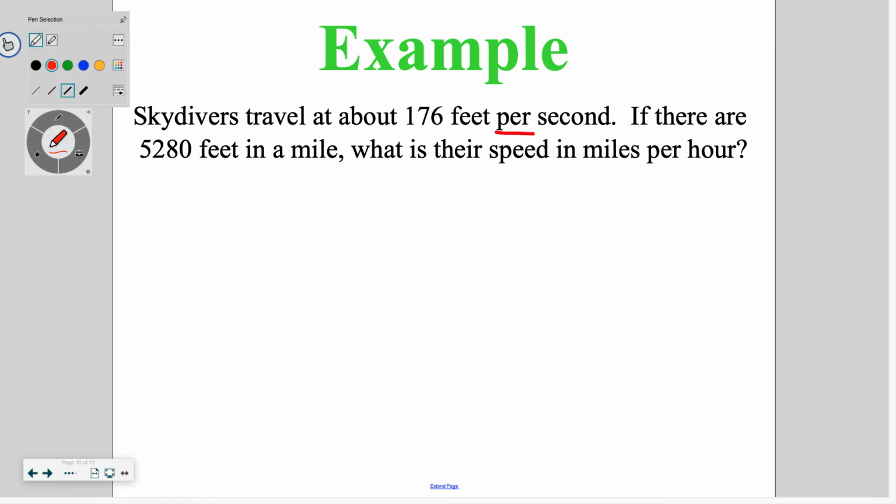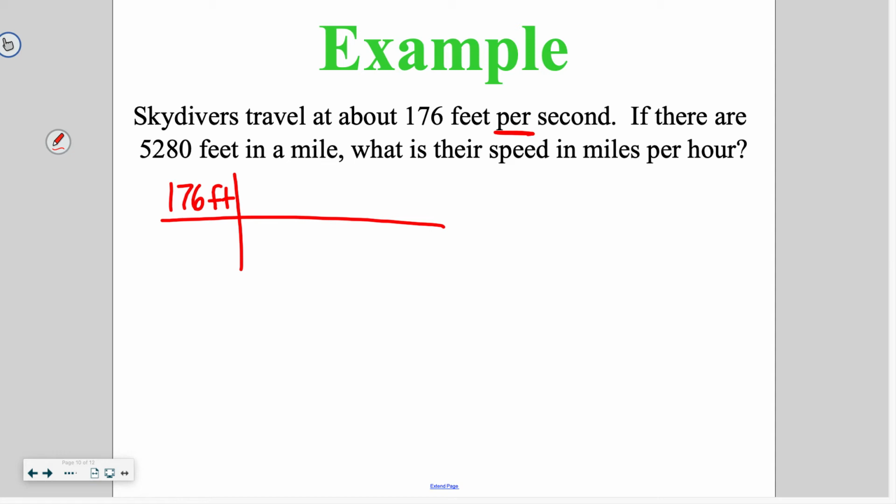Again, paying attention to that word per. So we've got 176 feet per 1 second. It does not matter since we are converting feet into miles and seconds into hours. You can do either conversion first.